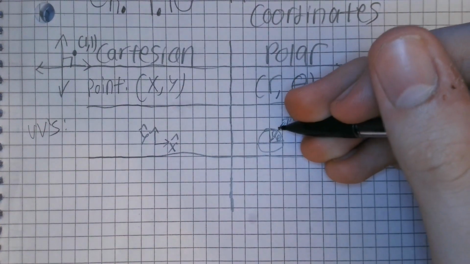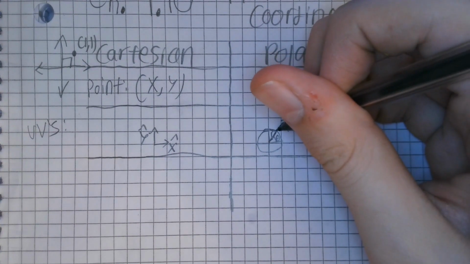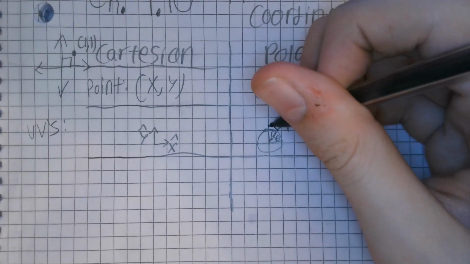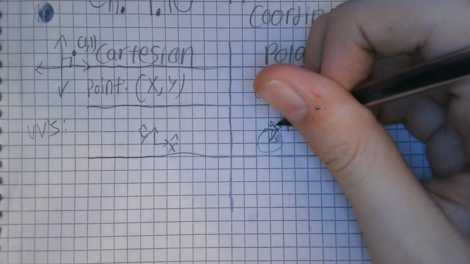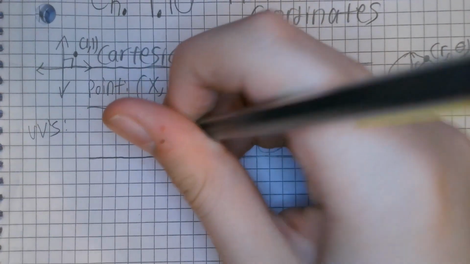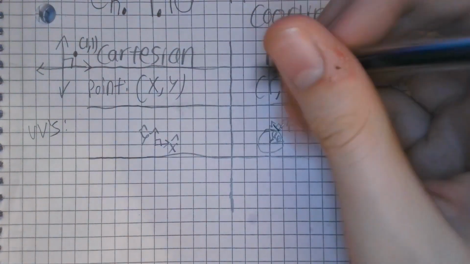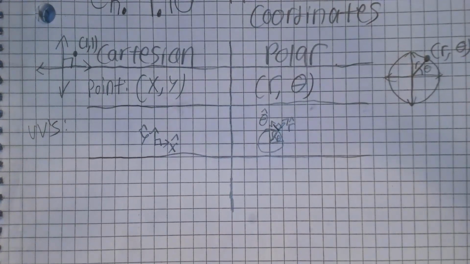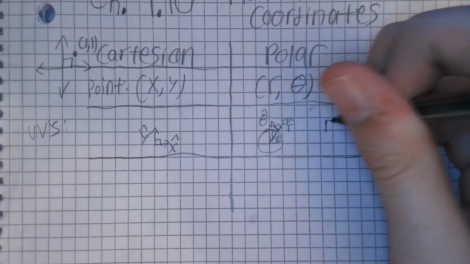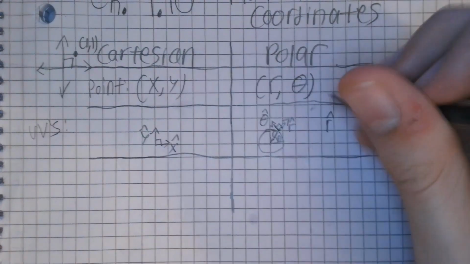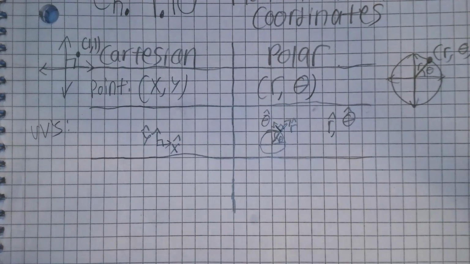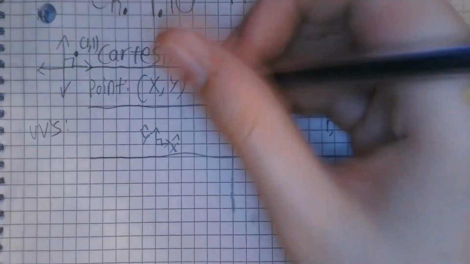And our theta hat will point as a straight line directly in the way that theta would move, which, as it comes out, is still going to be perpendicular, just like this is perpendicular here. And this is the theta hat unit vector. So here, to summarize, we have r hat in the direction of r, and theta hat in the direction in which theta moves, which is perpendicular to the direction of r, the radius.